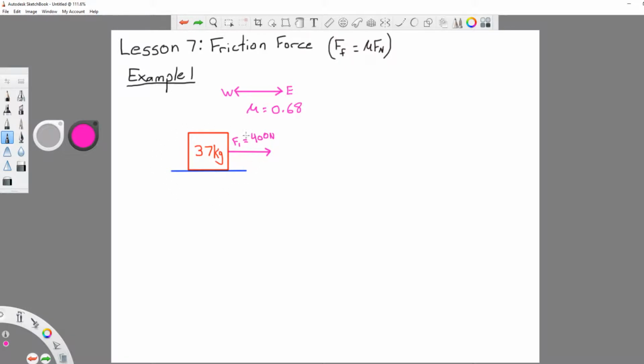So let's fill in all of the forces on our block first, because there's going to be a few going here. First thing first, we're going to have force of gravity, of course. Force of gravity will pull this thing downwards, so we can call this Fg. That's going to equal mg, right? Mass times gravity. We'll get to that later. Counteracting the force of gravity, we have the normal force, so Fn, pushing upwards.